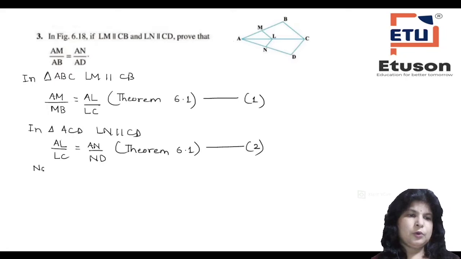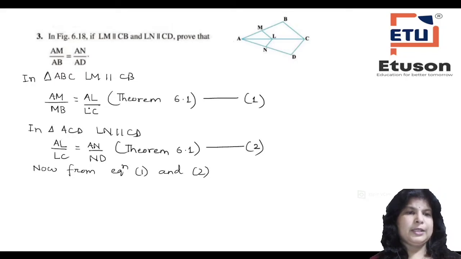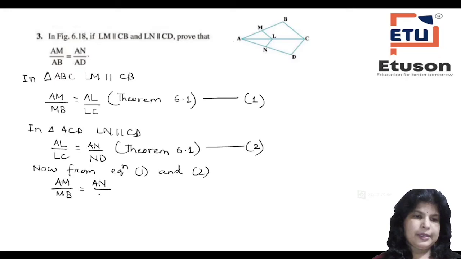So now from equation 1 and 2, as you can see in equation 1, AL by LC is equal to AM by MB, and in equation 2 it is AL by LC is equal to AN by ND. So you can write AM by MB is equal to AN by ND, correct?